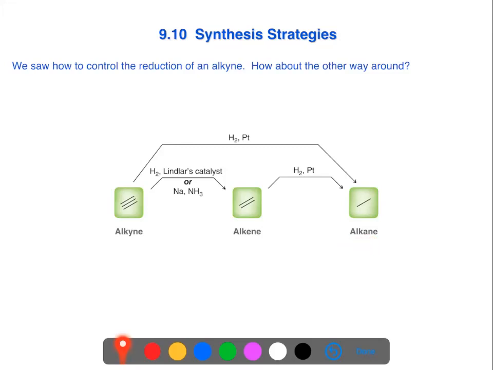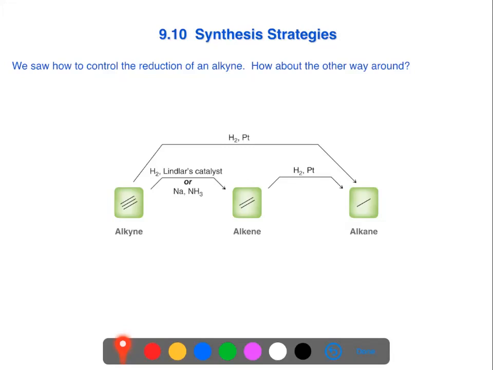Now what was new to this section is that we looked at two different ways in which we could go from the alkyne, but stop the reaction at the alkene. And there are two methods depending on the stereochemical outcome that we wished to obtain.